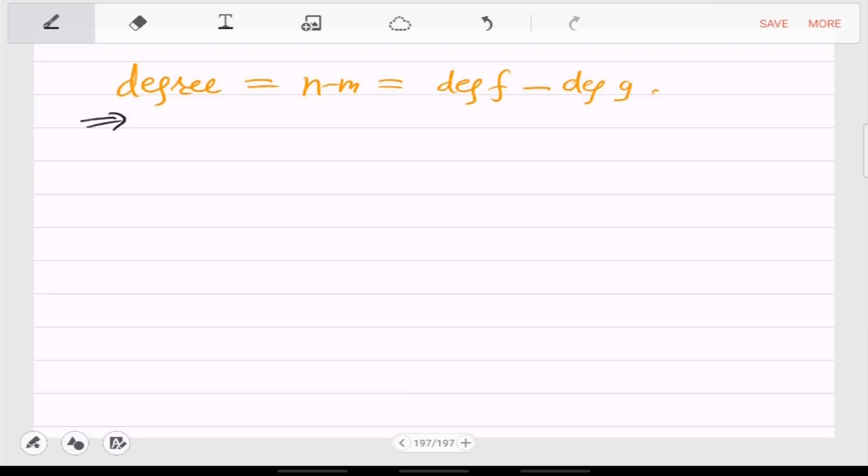Well, this implies that we have written f as q times g plus r. And let's handle the uniqueness now. What's the proof for uniqueness?